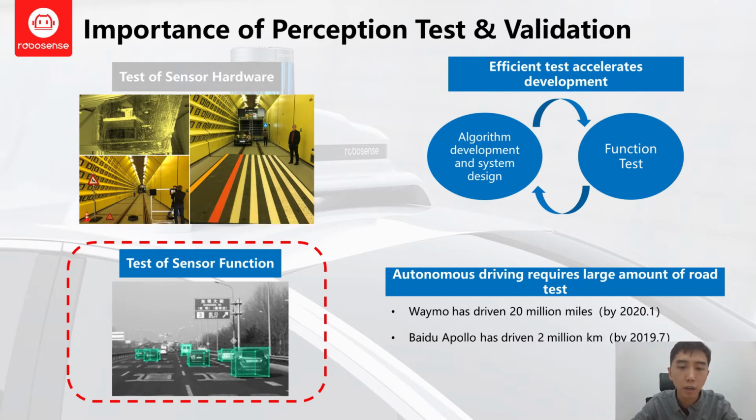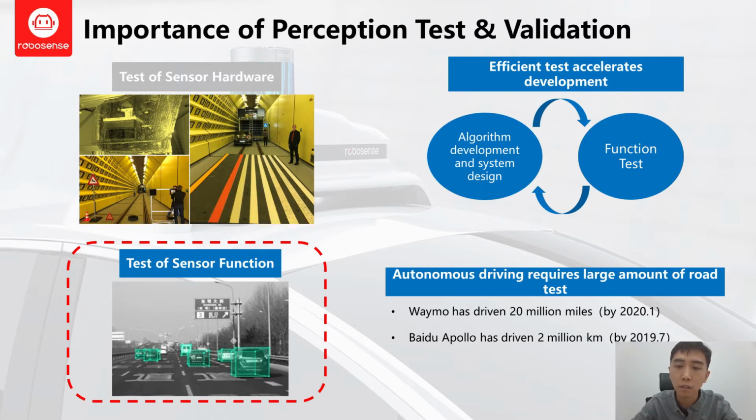Actually, we not only want to obtain the raw data of the sensor, but also want to achieve some functions based on these raw data. For example, object detection, say lane line extraction. And all these functions need to be tested.